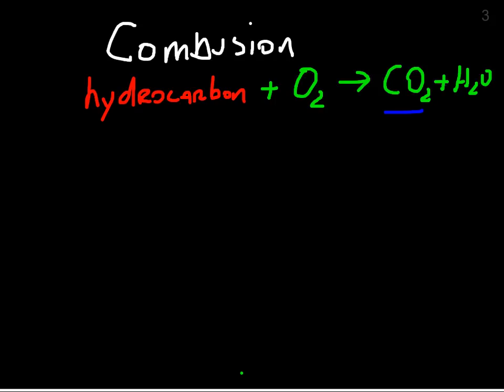It's heating up the world just by straight chemistry. There's no getting around it. Anytime you burn a hydrocarbon, which includes fossil fuels, oil, gas, coal, wood, you're going to produce a lot of CO2, and that's going to affect what's going on. So here's an example of a combustion reaction.